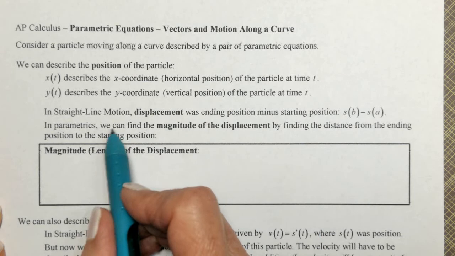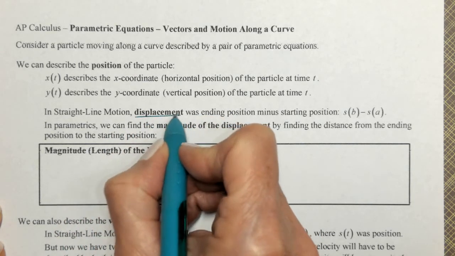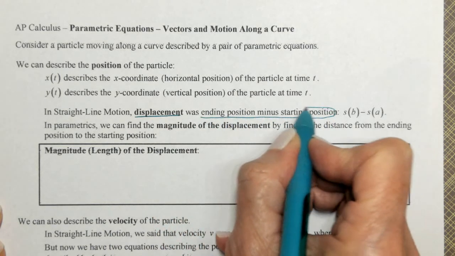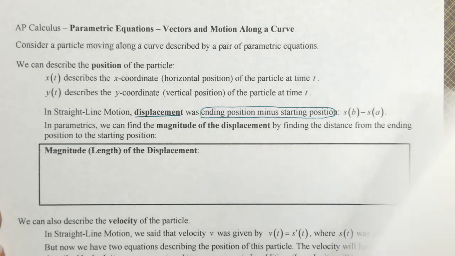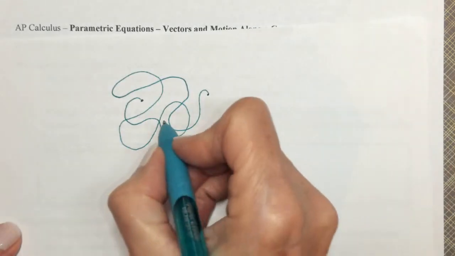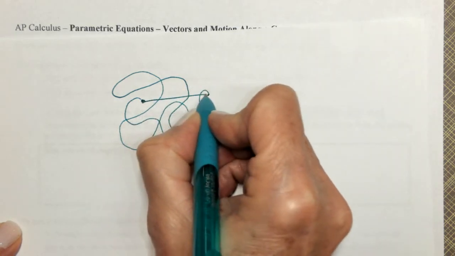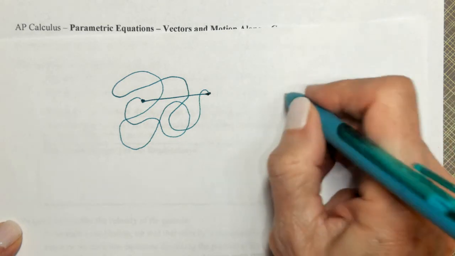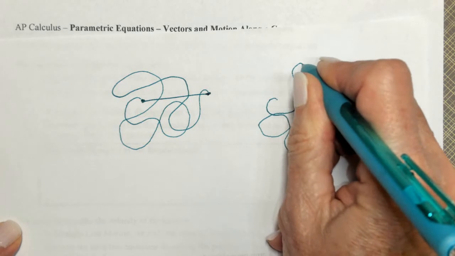In straight line motion, displacement was the ending position minus the starting position. Now, on motion along a curve, the way I drew this, they're kind of on a horizontal path.